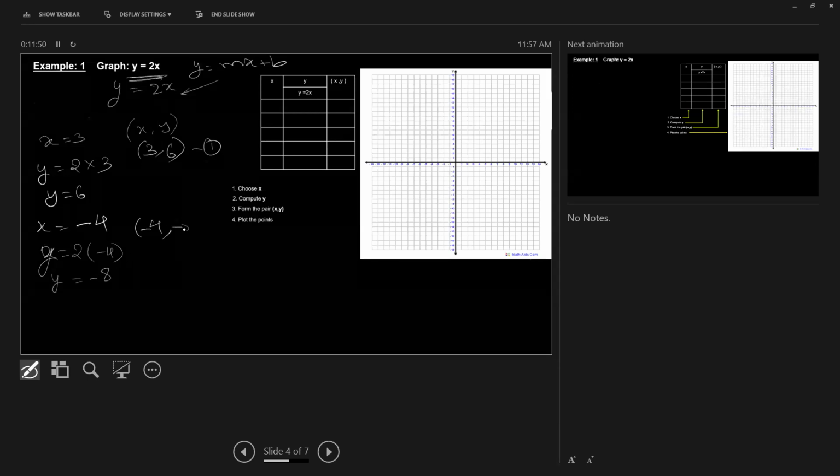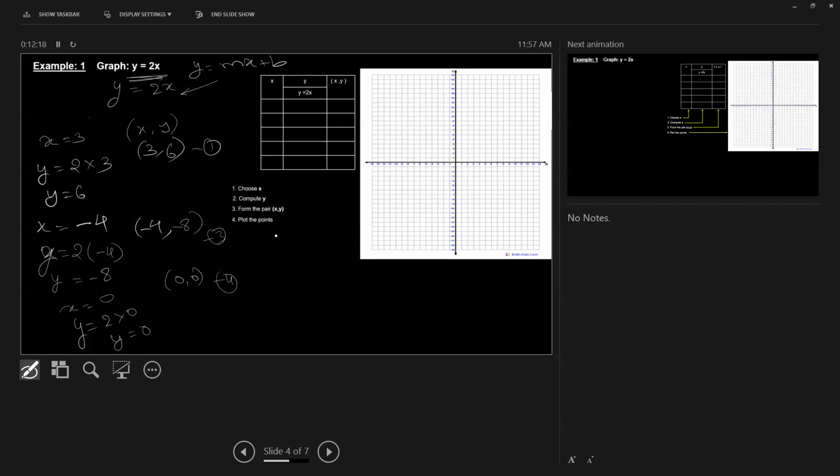This is the second coordinate, minus 4 comma minus 8. Now let's take x equals 0. So y equals 2 times 0. Anything multiplied by 2 is 0, so y equals 0. So 0 comma 0. These are the three ordered pairs that we have.